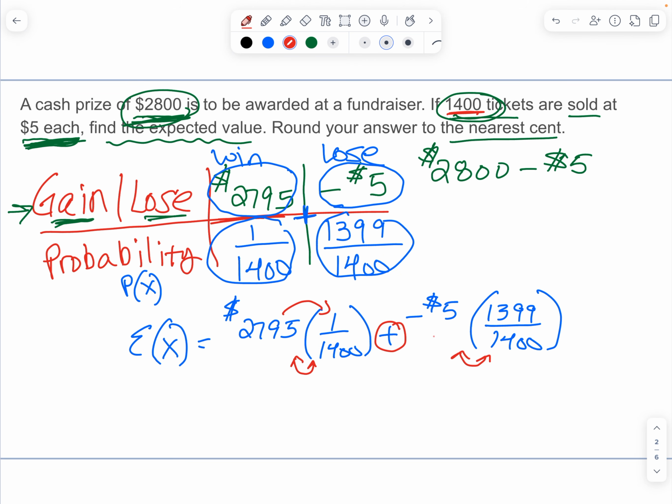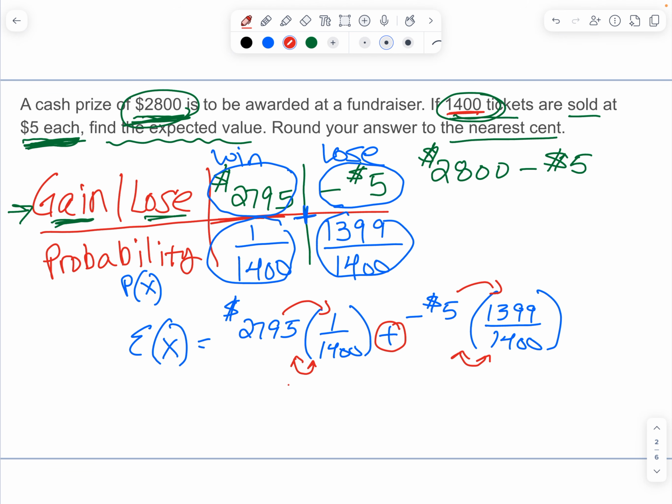And then negative $5 times 1,399 over 1,400. So I'm going to grab my calculator because I don't want to try to do this in my head. So 2795 times 1 is 2795, and we're going to divide that by 1,400.